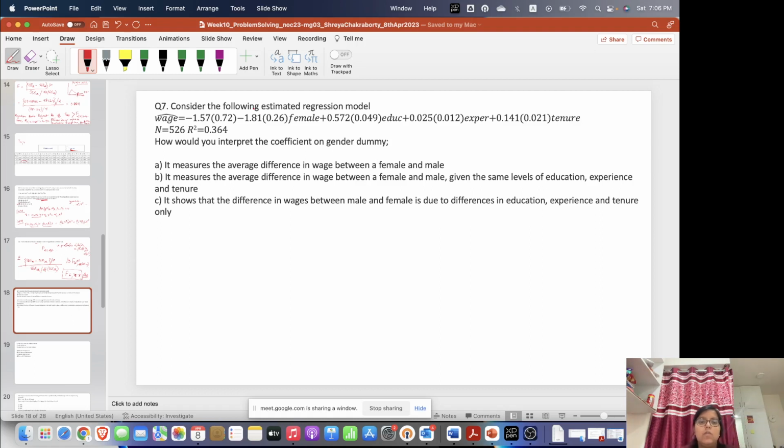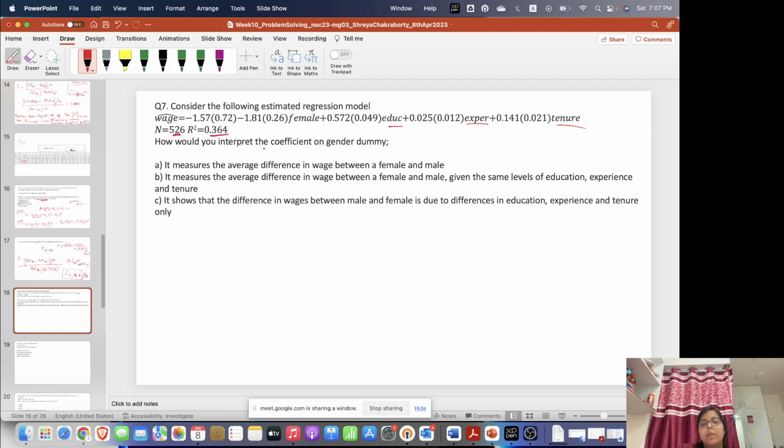Okay. So we considered the following estimated regression model, where we are modeling wage on gender, education, experience and tenure. The data is based on 526 individuals. The R-square value is 0.364.